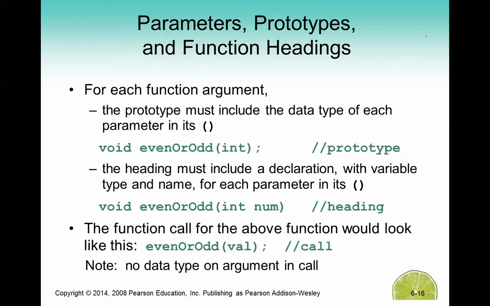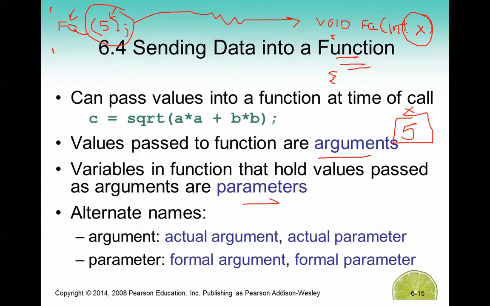Okay, when we are using prototypes, we have to list the data type for the parameters that are going to be used in our function. Like following the same example, FA, and we have an int x in the function.